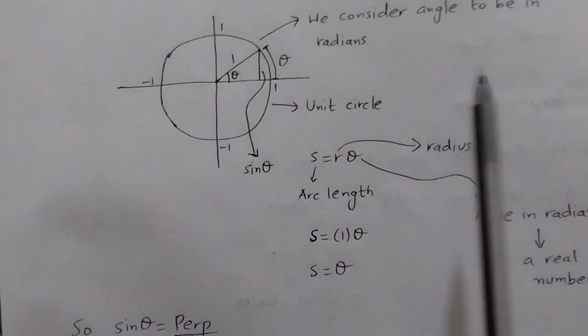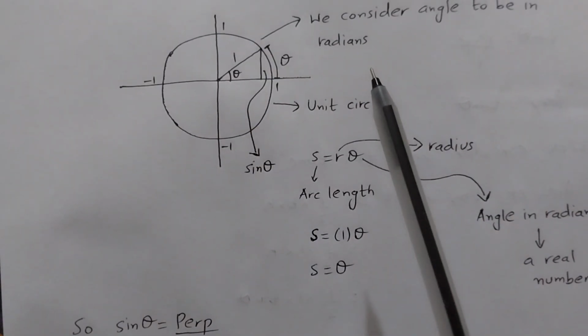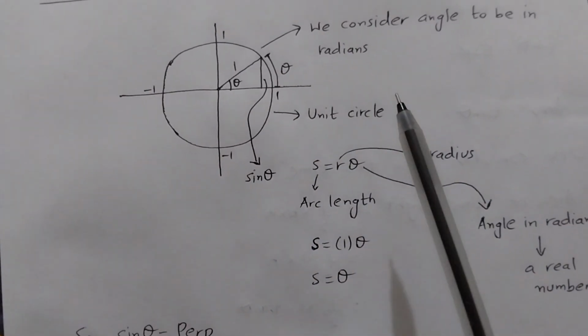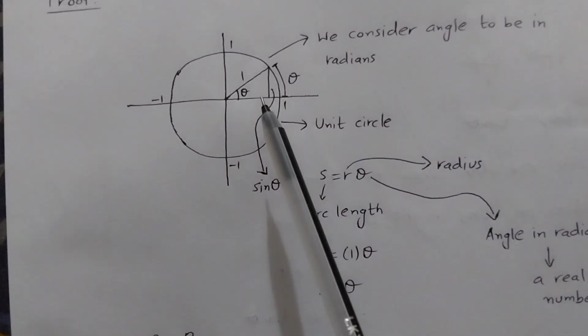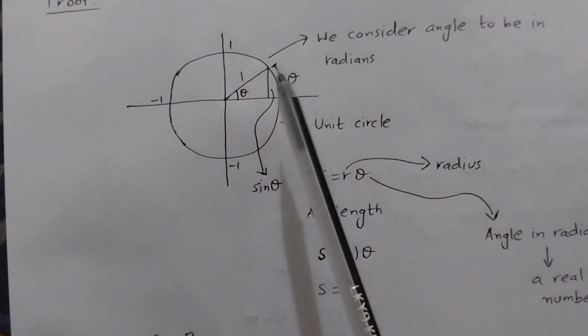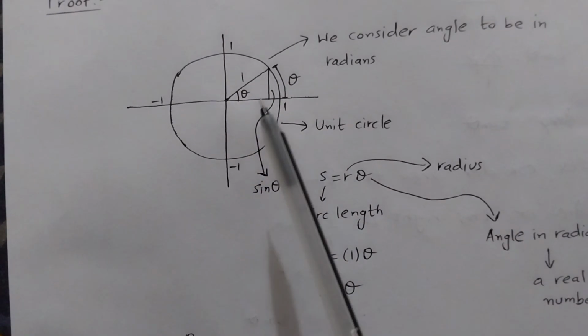Because we are interested in proving that sine theta is less than theta, we must have sine theta. So firstly, this arc length is equal to theta. And why is that?